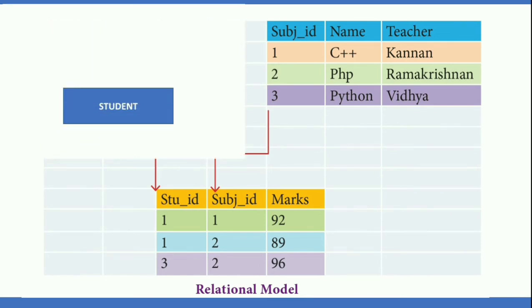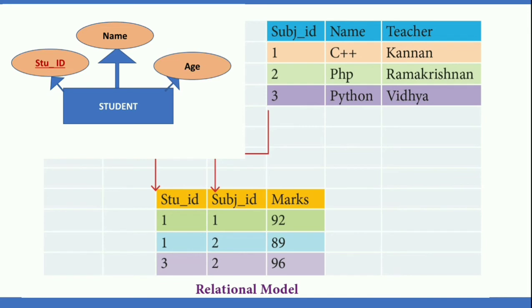I'm just giving the entity name as student. First attribute is student ID. Since it is a key attribute, you should underline the name of that attribute. And the next one is name and then age. So totally 3 attributes are there.